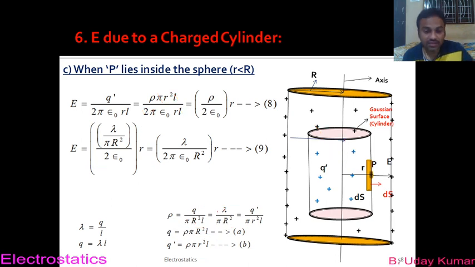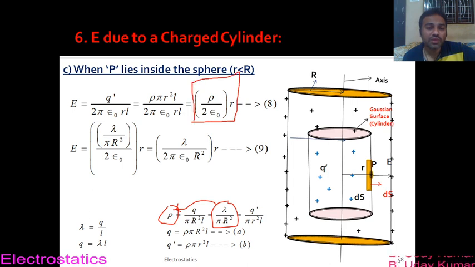I just erase it. So this one, rho, I can write in terms of lambda also, which is lambda by pi R square. How have I written it? I hope you got it, because q by L is nothing but lambda, right? So this is the relation between rho and lambda, and hence we got rho r by 2 epsilon 0, right, which is electric field intensity at a point inside the charged cylinder. So in place of rho, if I substitute lambda by pi R square, I get the electric field intensity at a point P inside the charged cylinder in terms of lambda.